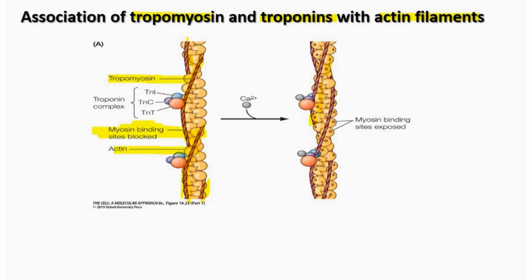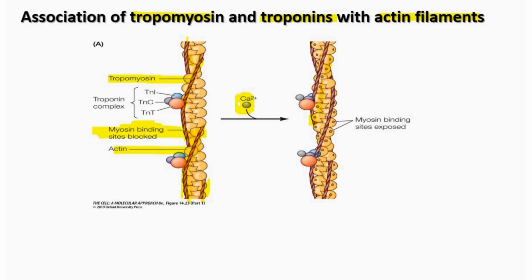Now, when there is a nerve impulse and calcium, what calcium does is lead to a change in conformational structure. The tropomyosin, which was otherwise blocking the myosin heads from lodging with the actin, that block is removed. Once the block is removed, the troponin complex together with myosin binds to the actin.